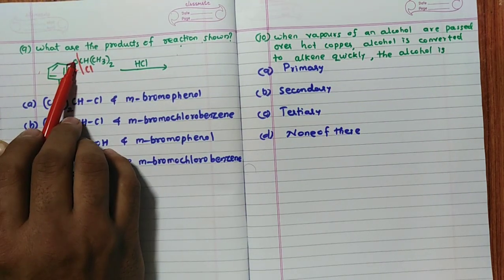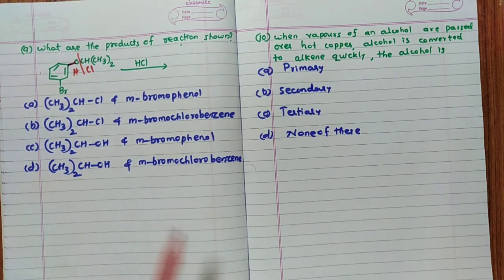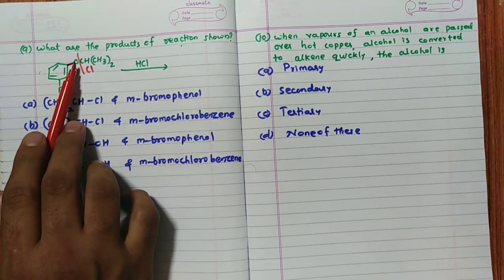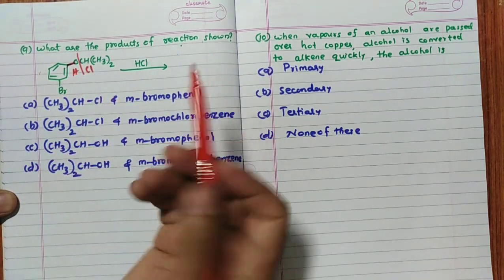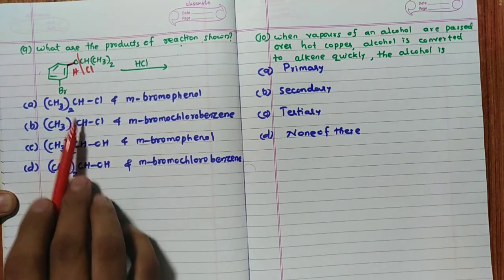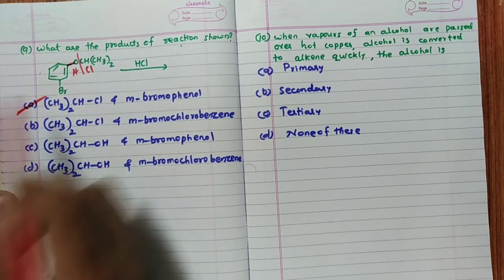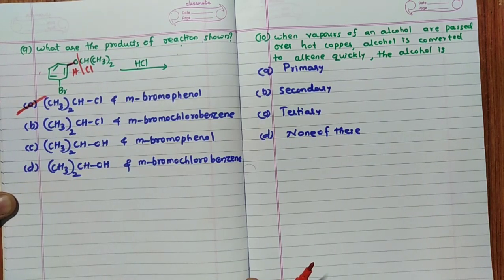See, this oxygen carbon bond which is attached directly to the benzene ring never undergoes cleavage because of double bond character, because of the resonance. So this O and CH bond cleavage may take place, OH here, Cl here. So what is the product? CH3 twice CHCl, these two, OH, metabromophenol it forms. Hence the answer for this question is A.